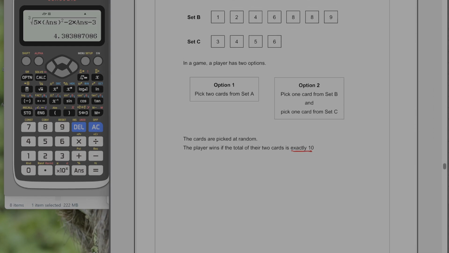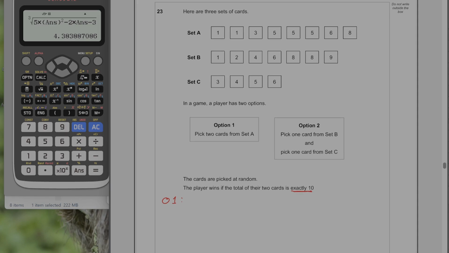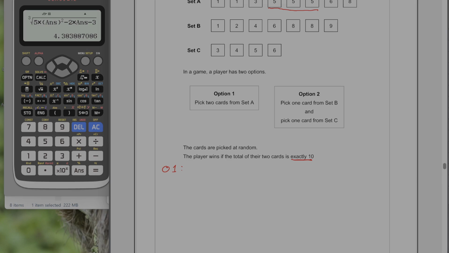Okay, so from option 1, if you look at this, the only way that we can make 10 is by picking two of the 5s. So the probability of getting a 10 would have to be picking one of the 5s the first time, which would be 3 out of 8.